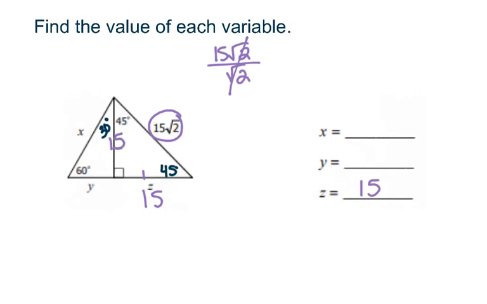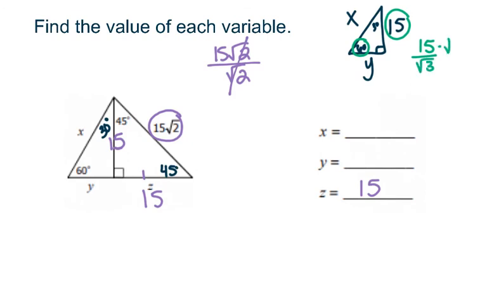Okay, so I'm going to redraw my 30, 60, 90. I got 15, x, y, this is my 30, 60, 90. Okay, so what I have right now is my longest side. If I'm going from long to short, I know that that has been multiplied by the square root of 3, so I'm going to divide by the square root of 3 to work backwards.